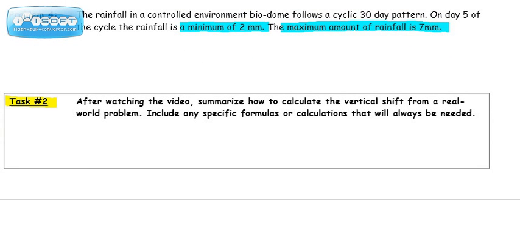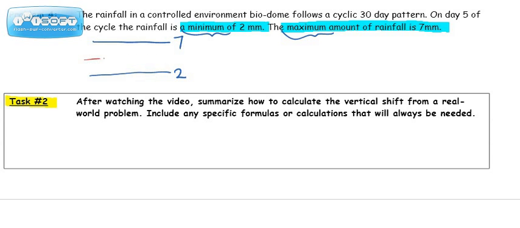Last but not least, problem 4. Again, I don't see the word diameter or radius, so I'm going to be dealing with the minimum and the maximum. Keywords to pull out of the problem: I know the minimum amount of rainfall is 2 millimeters, and I know the maximum amount of rainfall is going to be 7.